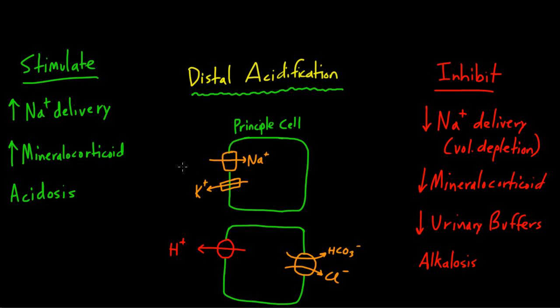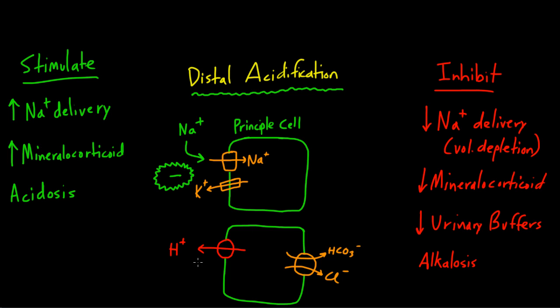And when it's extraordinarily active in the presence of sodium being delivered, it can produce a negative potential in the lumen of the tubule. So when the lumen is negative, that will provide a stimulus for hydrogen ion secretion by the mechanism we just went over before in the alpha intercalated cell.